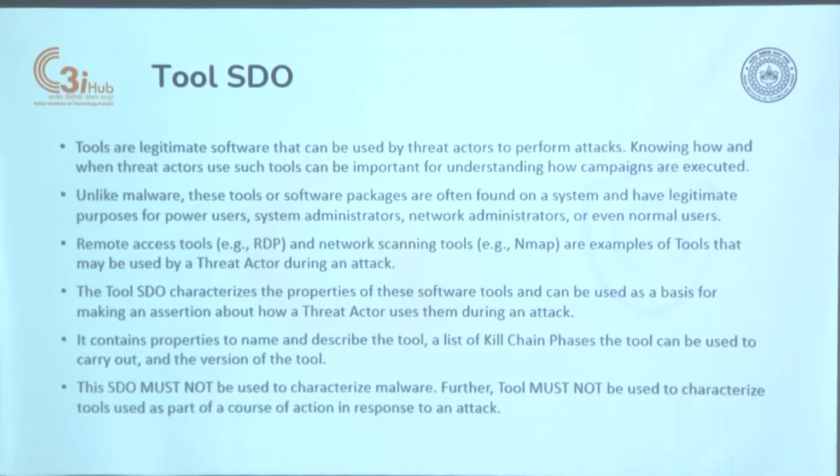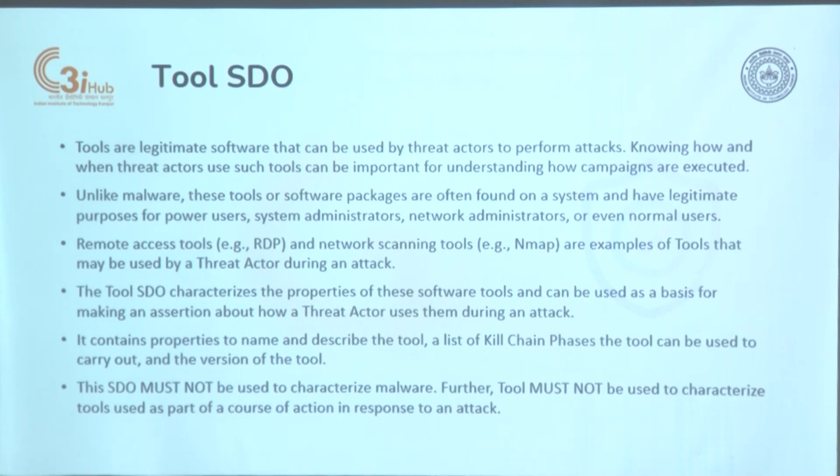Another SDO is a tool. As I said, there could be tools like remote access tools such as RDP, or network scanning tools like Nmap, that may be used by threat actors during an attack. You can describe the various tools you noticed while analyzing the incident to tell the potential user of your threat intelligence to be careful, because they are using RDP.